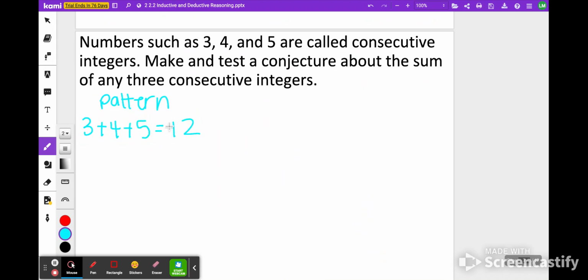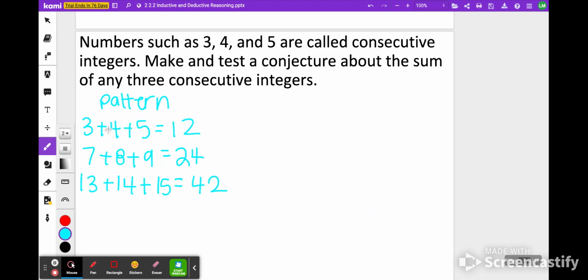Okay, and maybe we try 7 plus 8 plus 9. 7 plus 8 plus 9 would be 24. Okay, and then maybe we would also try another one like 13, 14, and 15, and that is equal to 42.